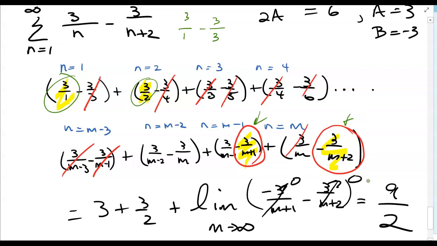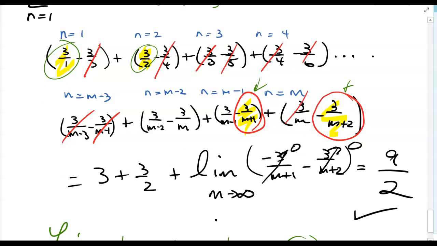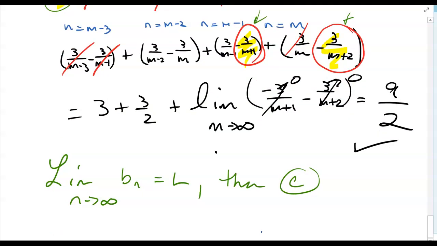You just need to double check what the limit of that is, because you can see everything that doesn't cancel. In this case, it was 2 terms in the beginning and 2 terms at the end, and you can come up with that sum. But for convergence, as long as the limit of b_n exists, then you know you have a converging telescoping series and you can come up with that summation.